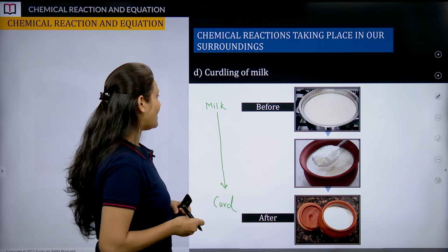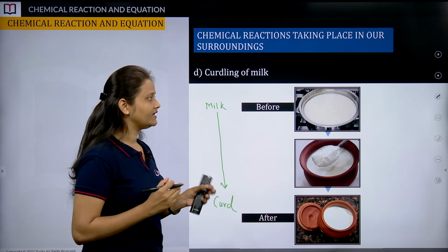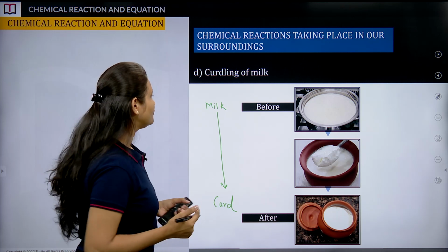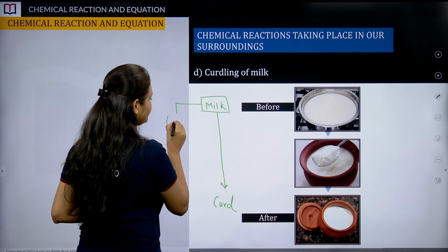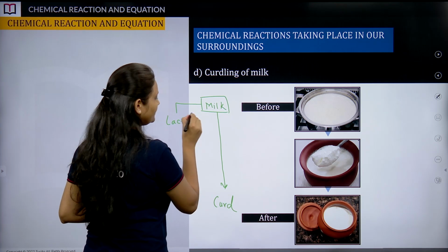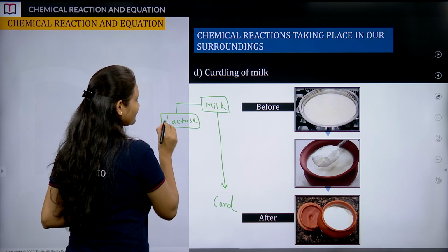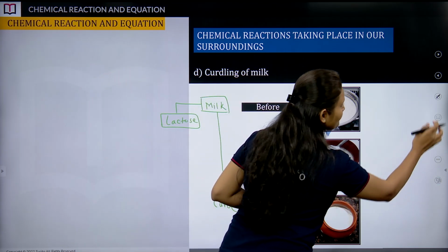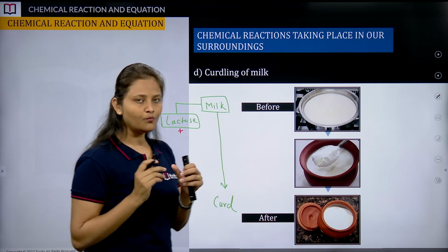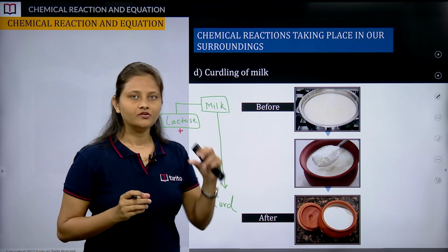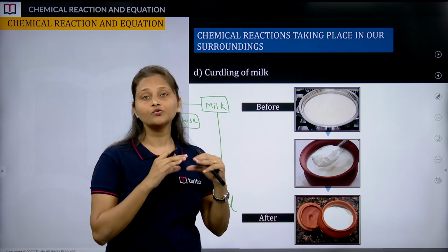So what happens in this transformation from milk to curd? Exactly what is the chemical process? We know that milk has lactose, a type of sugar. And in this lactose we are going to add something. Have you seen how mother does this? We allow the milk to boil, then we cool it down.